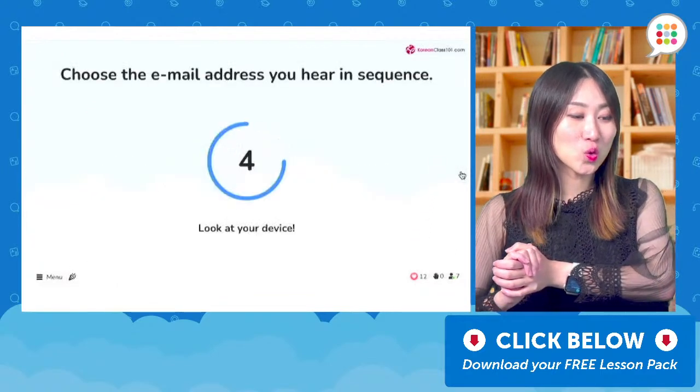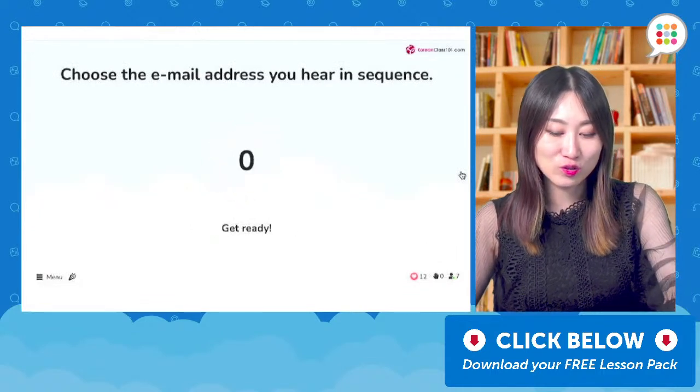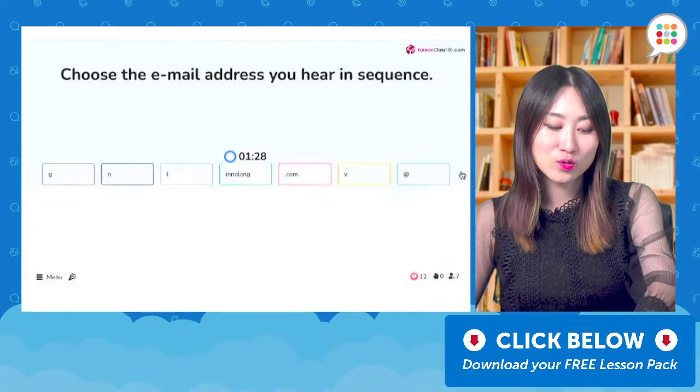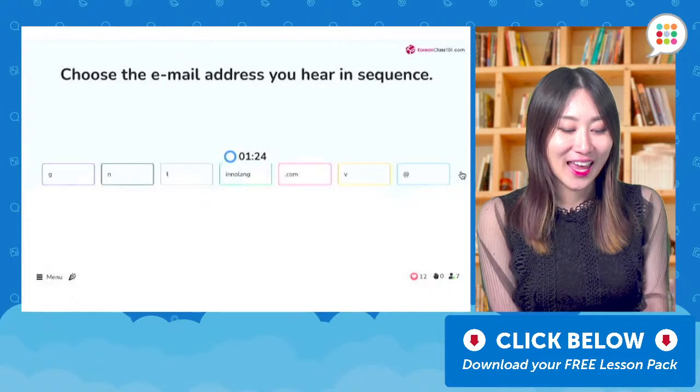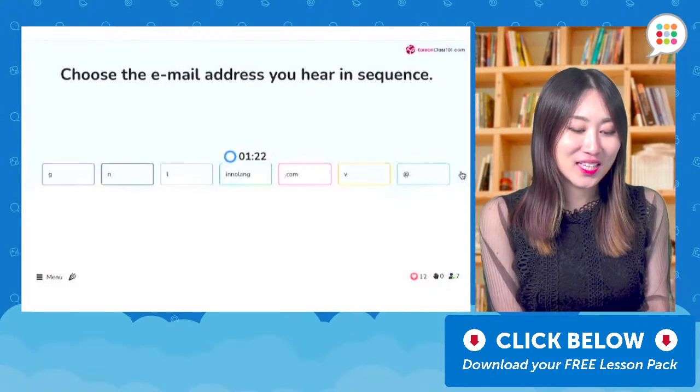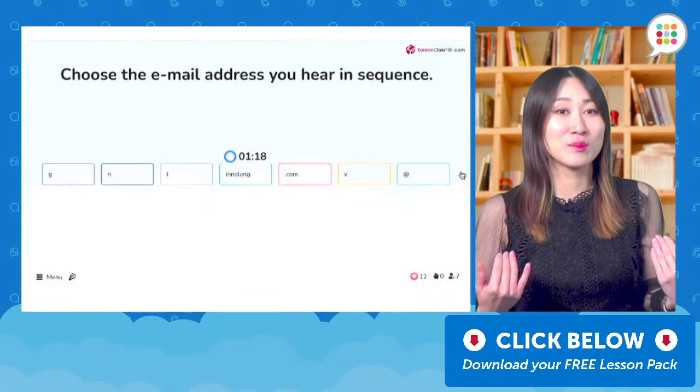Okay. The next one is this. It's a bit tricky, but choose the email address you hear in sequence. I'm going to read the email address for you. VLGN _이노랭.com이에요. So imagine you ask me my email address.